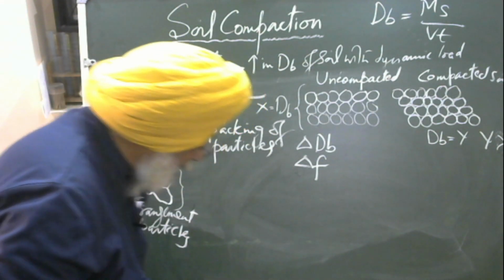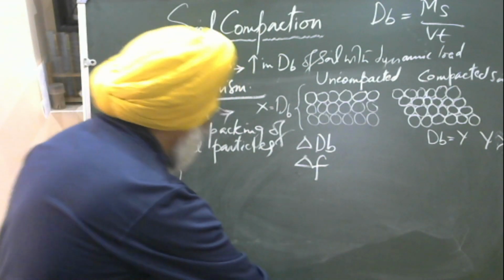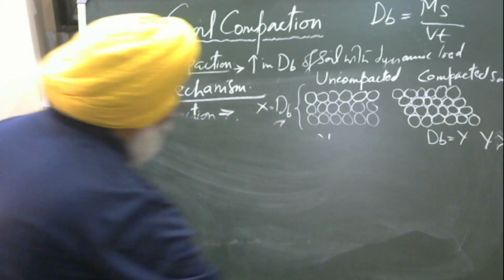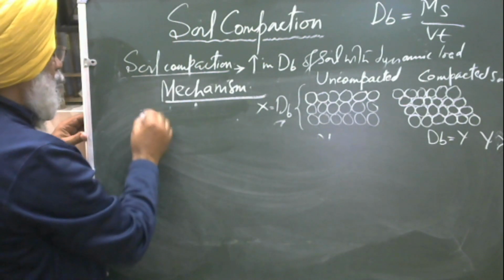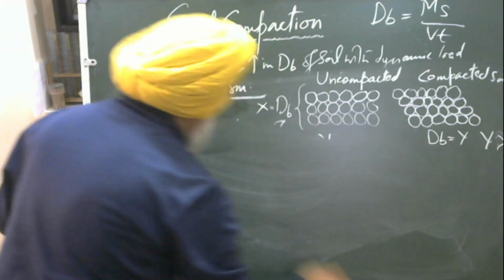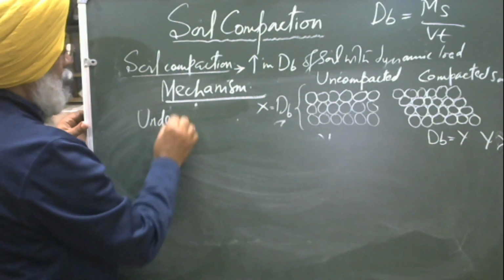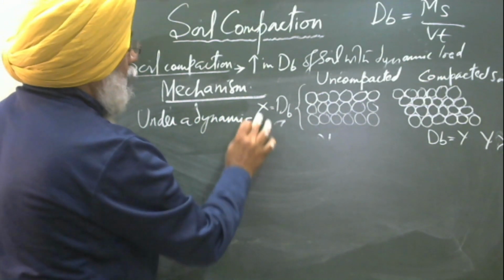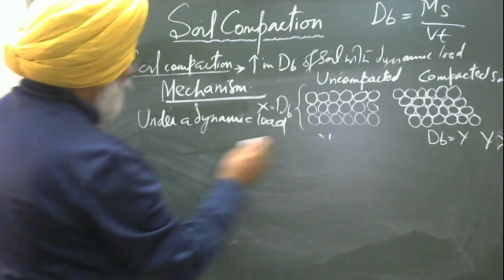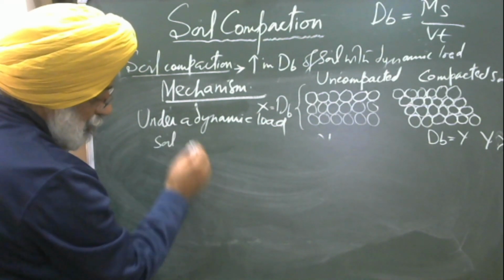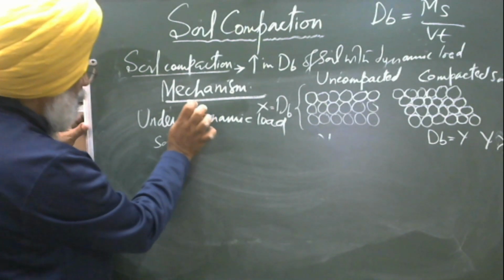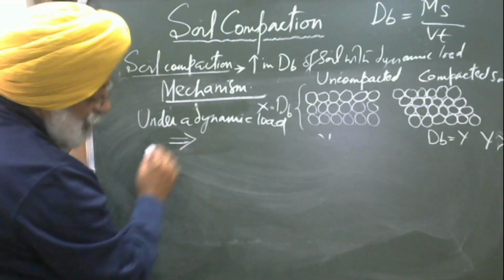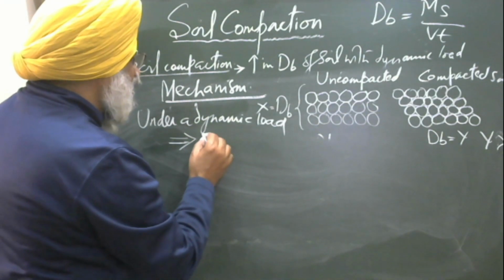So here I should say, when you are applying a dynamic load under a dynamic load, soil, the following changes occur. When you apply load, the first change will be that soil solids get compressed.